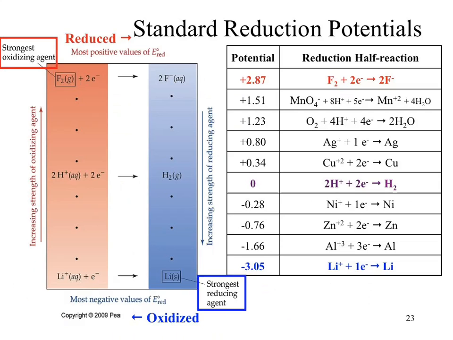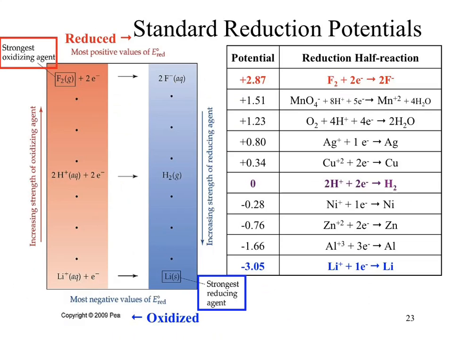So when we look at our reduction potentials, what we're looking at is a positive potential being a good thing. Okay? The more positive the potential is, the more likely that reaction is to occur. So when we look at fluorine going to fluoride, how likely is it for that reaction to occur? To go from fluorine, F2, to fluoride, F-.